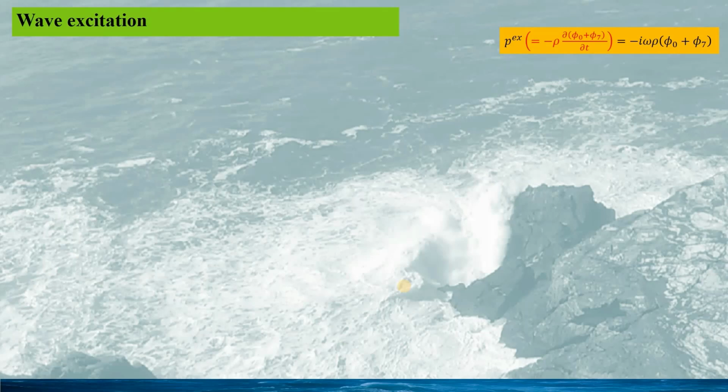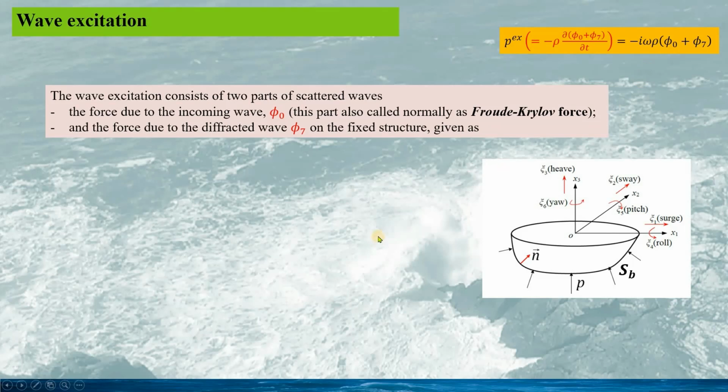Based on the definition, the wave excitation on the floating structure corresponds to the fluid pressure due to the incoming and the diffracted wave, given as this. Therefore, the wave excitation would consist of two parts. The part due to the incoming wave, which is also called the Froude-Krylov force on the fixed structure, and the part due to the diffracted wave by the structure.